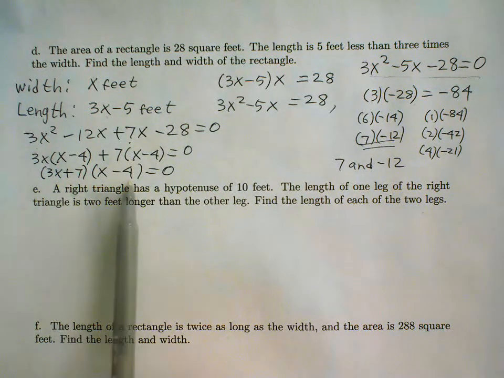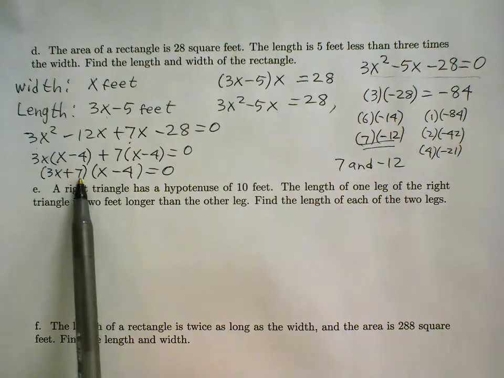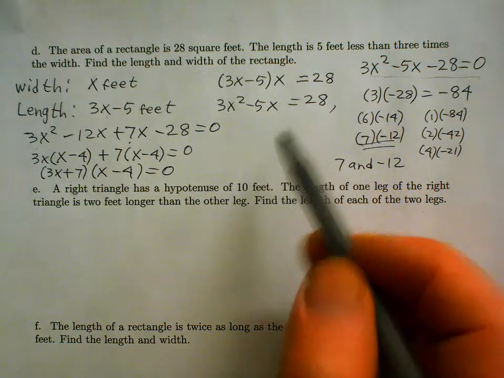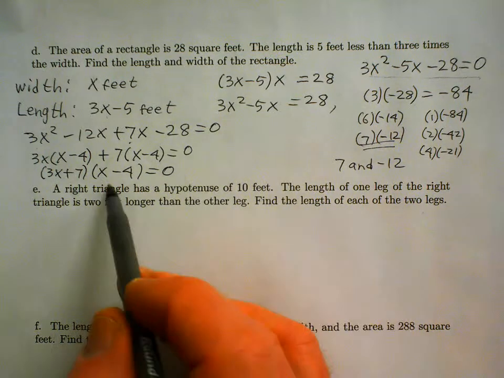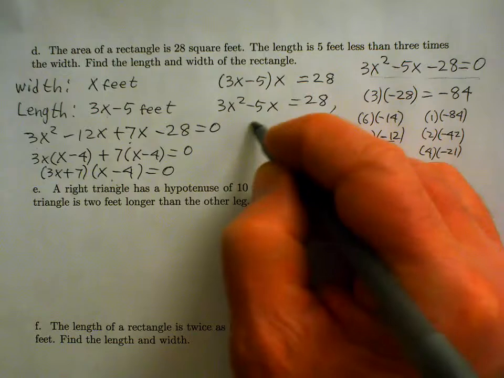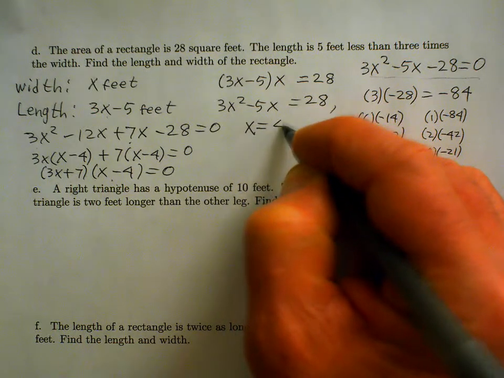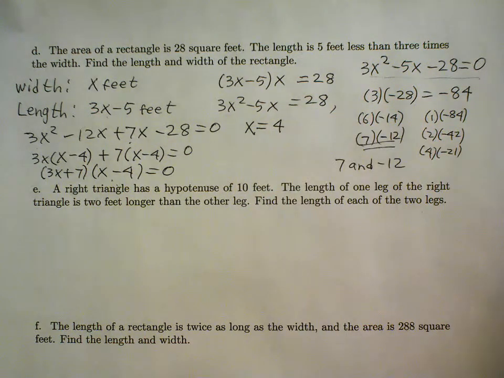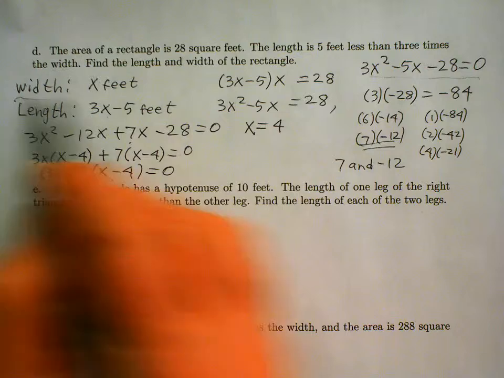This equation has two solutions, but one of the solutions is negative. In the context of this problem, we just want the positive solution. So the positive solution for x is positive 4. So that means the width is 4 feet.